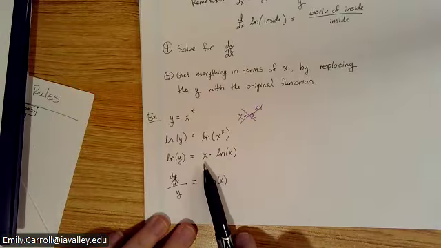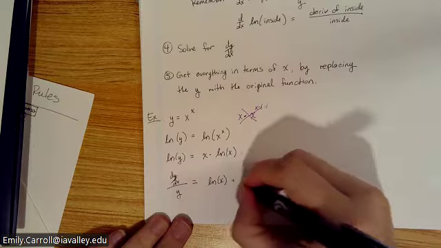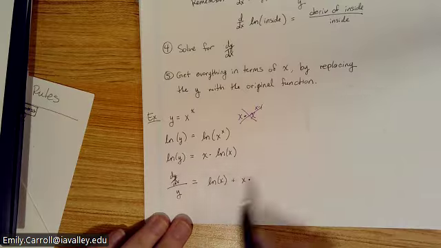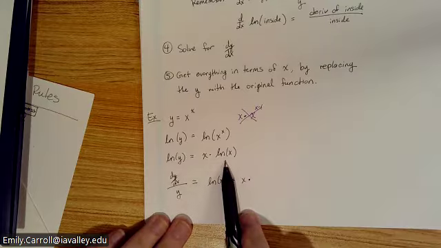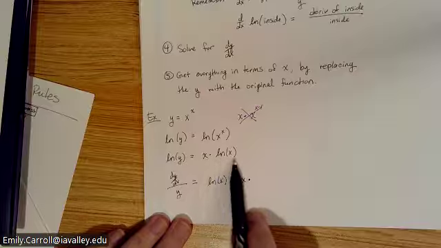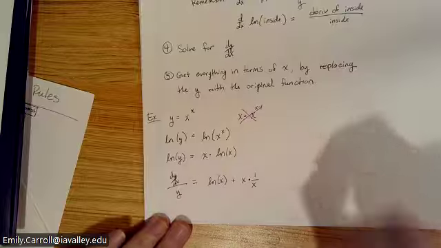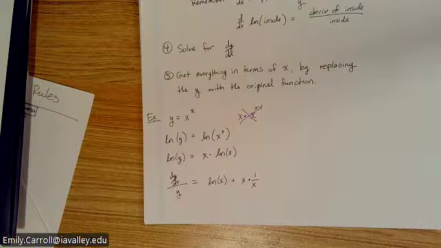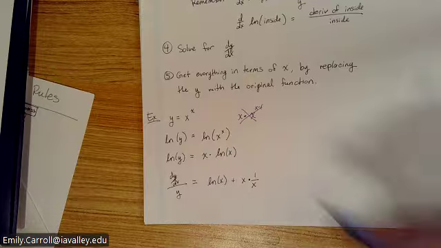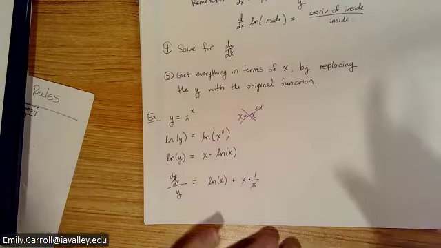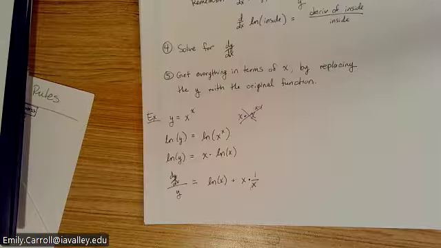Okay, and then keep the first times derivative of the second. Derivative of ln of x is 1 over x. So that term over there is just 1.